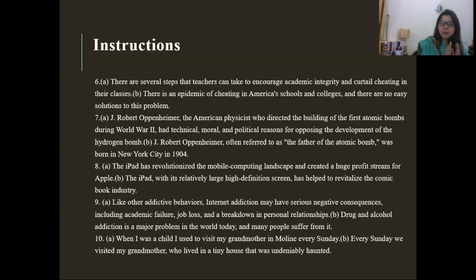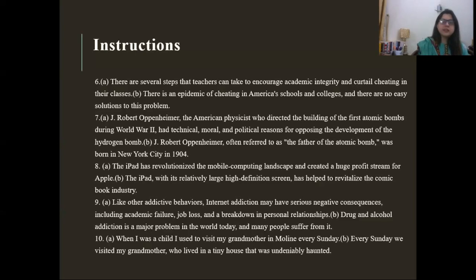तो सिंपली जब हम टॉपिक नंबर 7 का फर्स्ट थीसिस स्टेटमेंट पढ़ते हैं तो हमें ये पता लगता है कि राइटर जो है वो इस बात पे फोकस करेगा कि टेक्निकल, मॉरल और पॉलिटिकल रीजंस की वजह से रॉबर्ट ओपेनहाइमर who was the American physicist, उन्होंने डेवलपमेंट ऑफ हाइड्रोजन बॉम्ब को अपोज किया था.